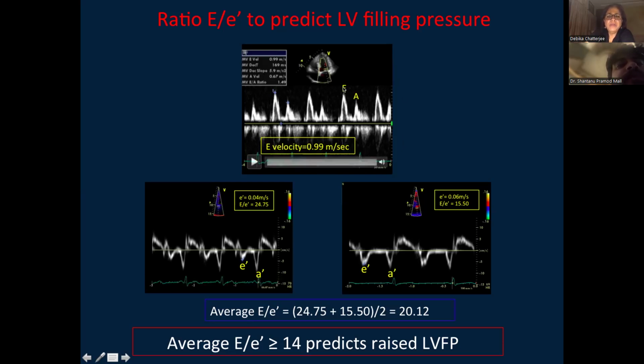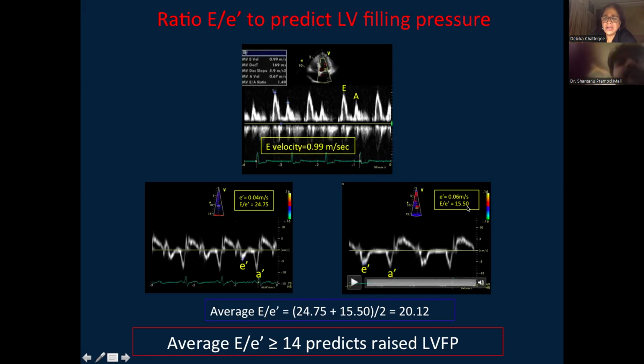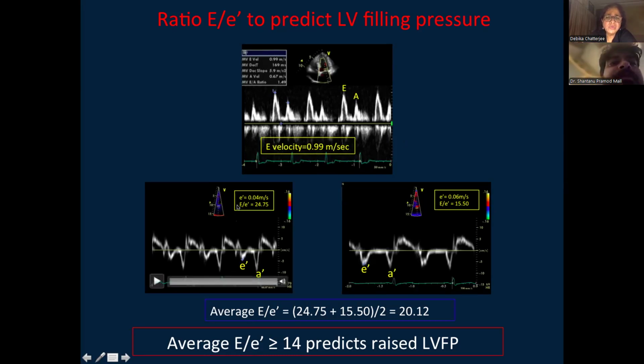E wave velocity is from the mitral Doppler and E prime from the mitral annular velocity, so we take the ratio once in the septal annulus and then again on the lateral annulus. That ratio is called E by E prime ratio.